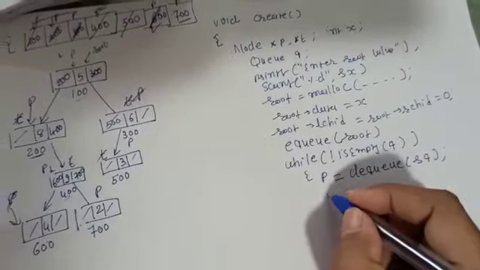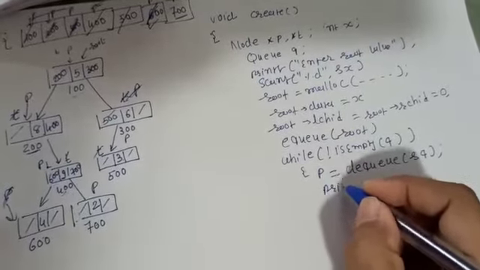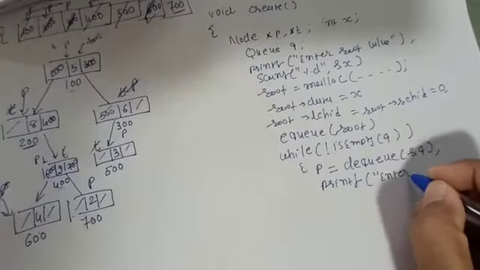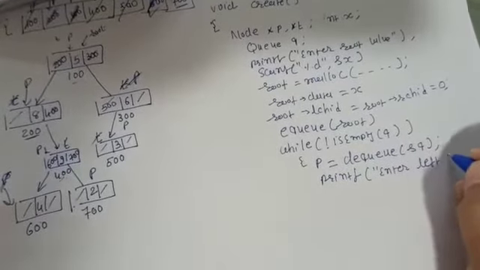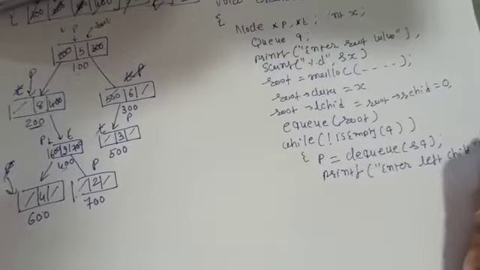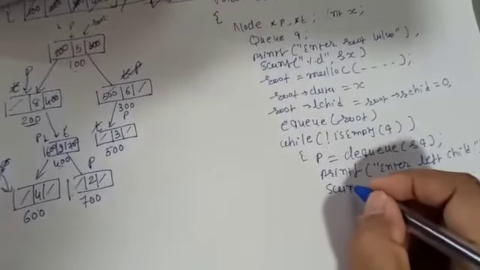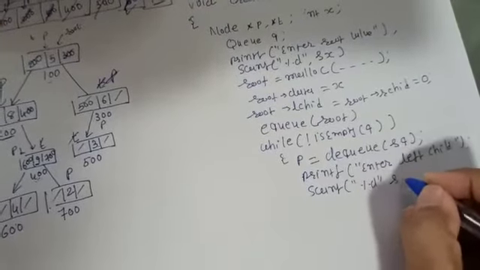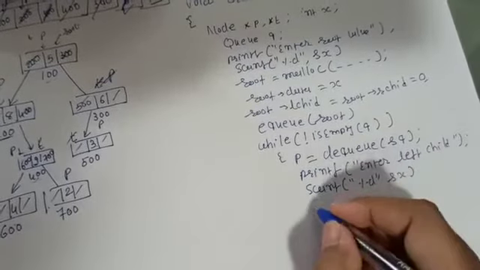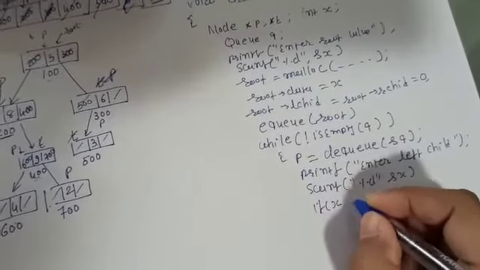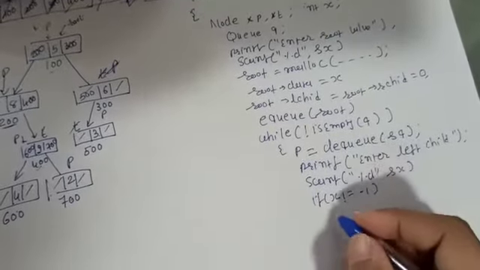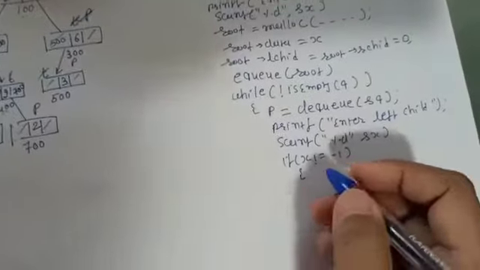Now we will ask whether that node has a left child or not. So printf enter left child, scanf %d, &x. Now if x is not equal to -1, that means that node has a left child.